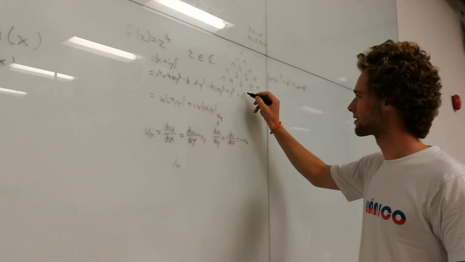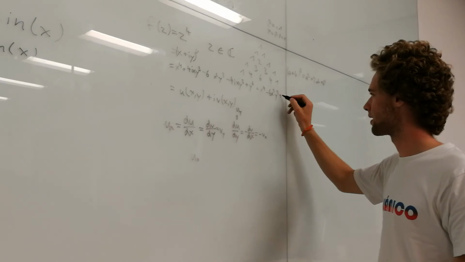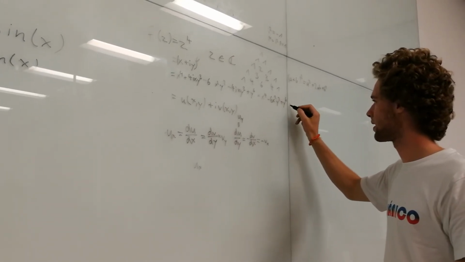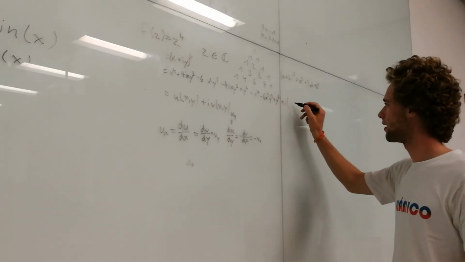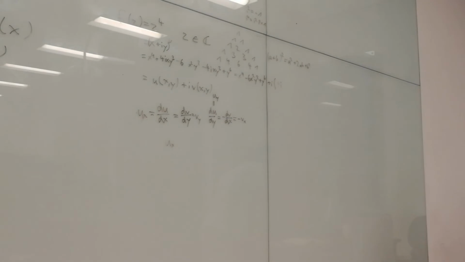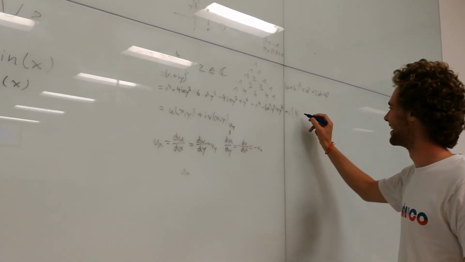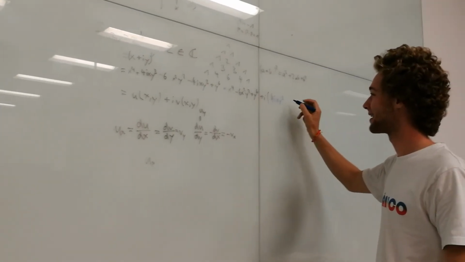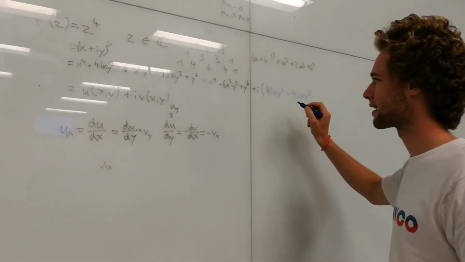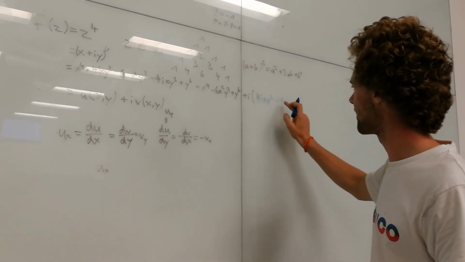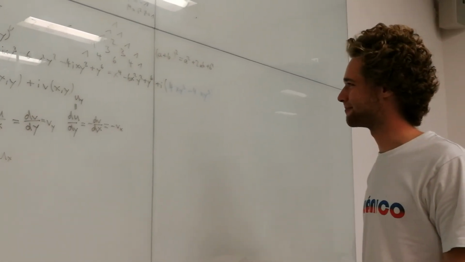So x to the fourth minus 6 x squared y squared plus y to the 4th plus i times 4x^3 y minus 4 i x y to the 3rd. Is that it? I think so. Yeah, that's it. It's a little sleep, sorry guys.